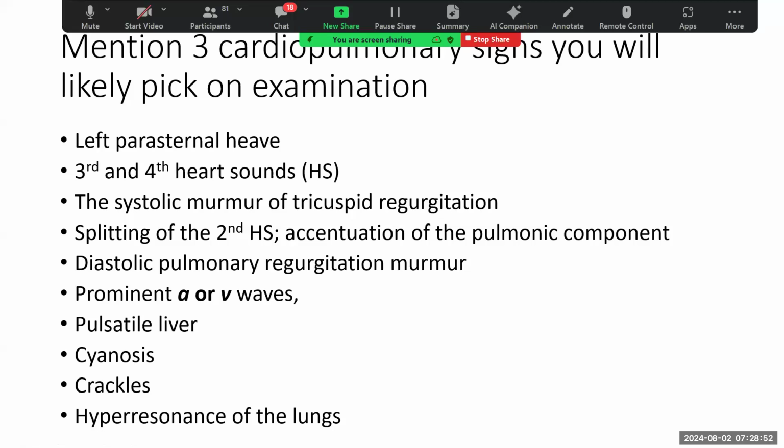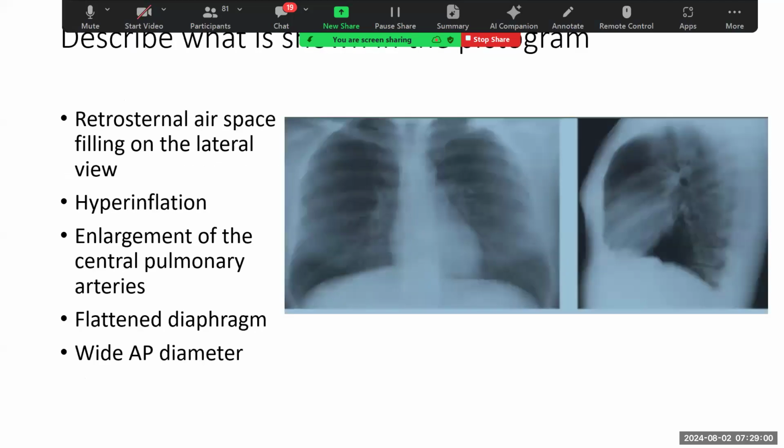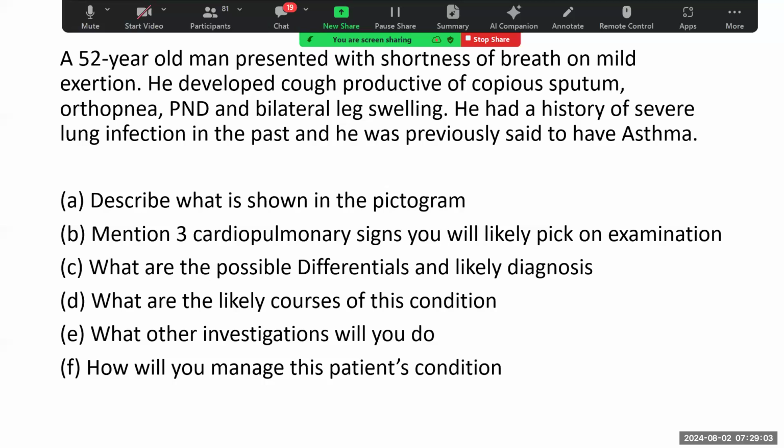Thank you so much, Dr. John, for that brilliant presentation. If you can go back to the question, I just want to make an add-on. Here they said the patient was previously said to have asthma. I'm just thinking aloud: in the diagnosis, can we say this patient has bronchiectasis secondary to asthma COPD overlap, maybe complicated with cor pulmonale or heart failure?